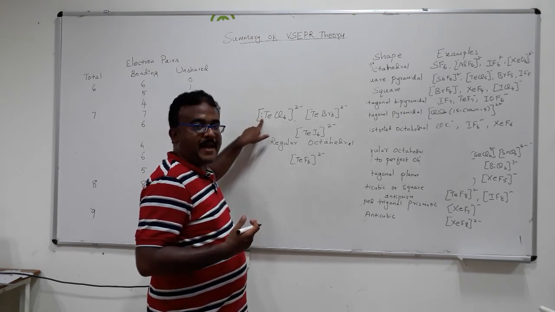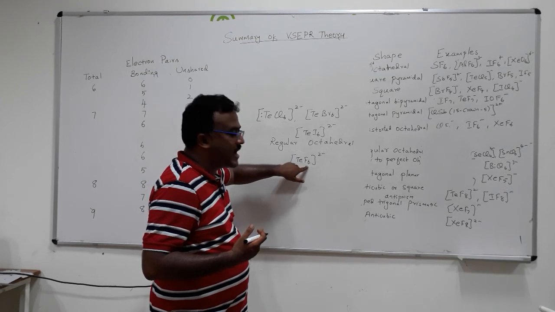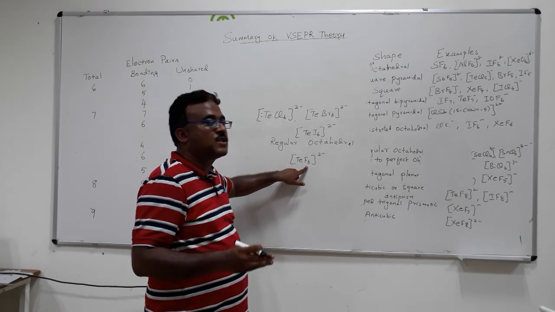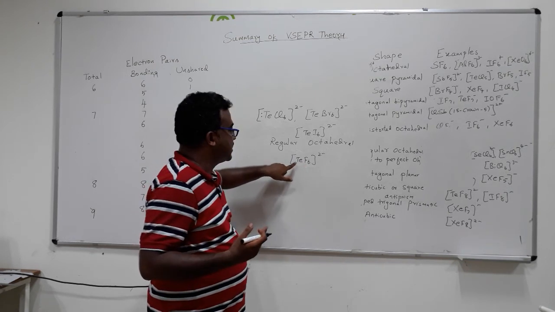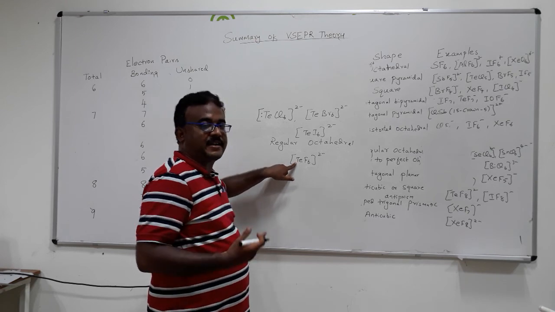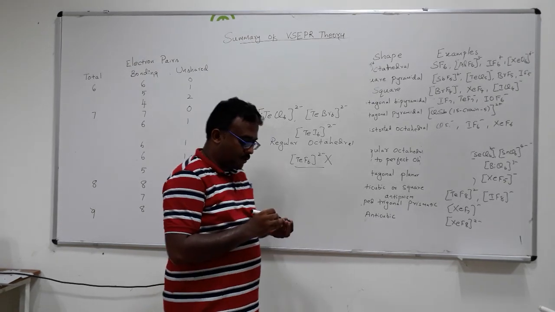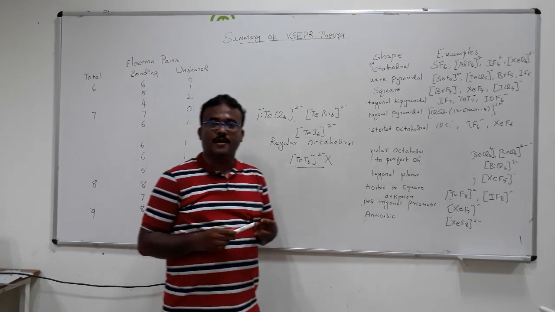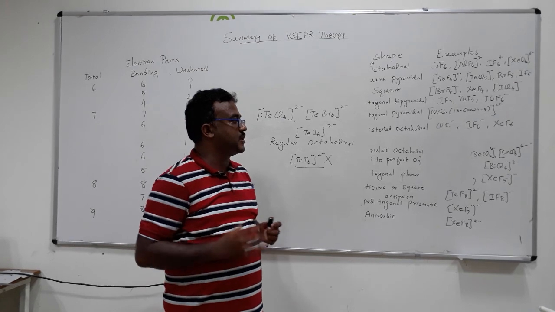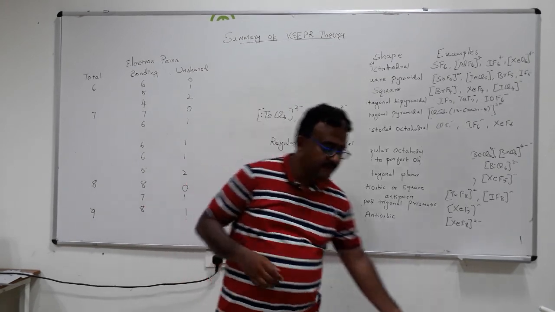But in this case, the fluorine atom is very small, so it can't make the lone pair ineffective. That's why this molecule is unknown. So I would like to complete this session. I hope you all enjoyed. Thank you very much.